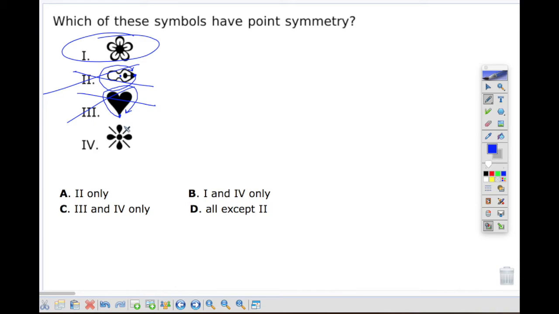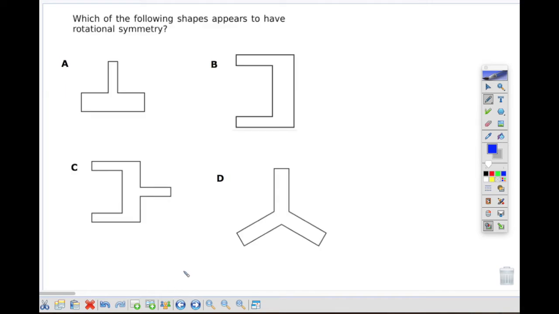And number 4, let's see, if I took this right here and I moved it over to this right here, it would be congruent. You wouldn't be able to tell the difference, so you wouldn't have to go all the way around. So that means numbers 1 and 4 have point or rotational symmetry. Okay, what about these shapes?